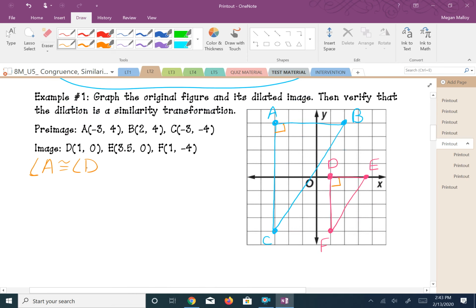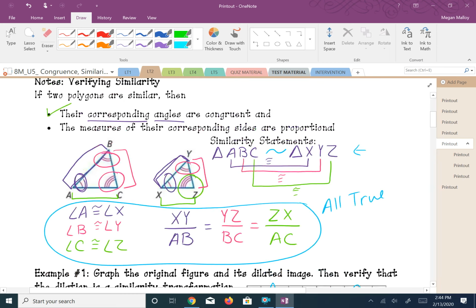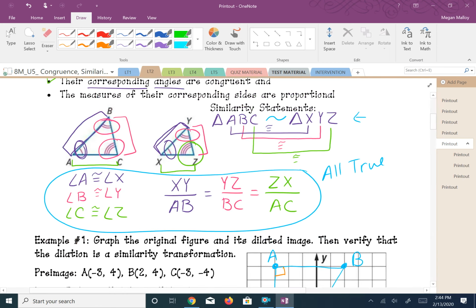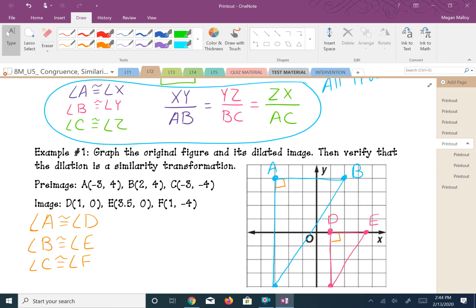And if we were to take a protractor out, which we don't currently have, but if we were, we would get that angle B is congruent to angle E, and angle C is congruent to angle F. So that meets one criteria. Our next criteria that we have to look for, remember, is that the measures of their corresponding sides are proportional.